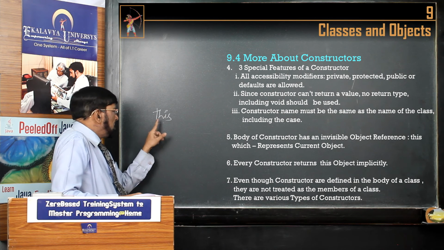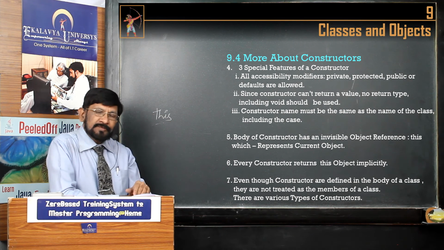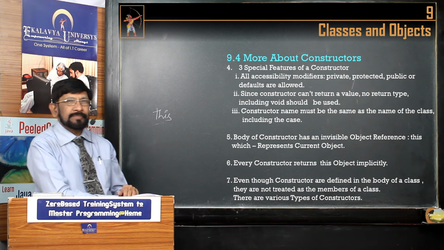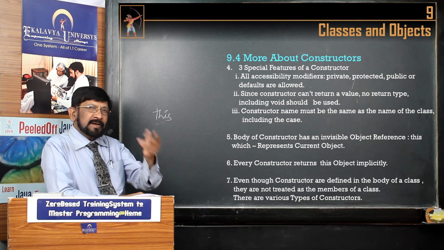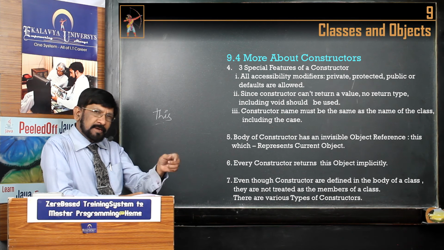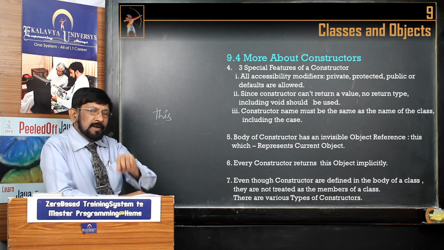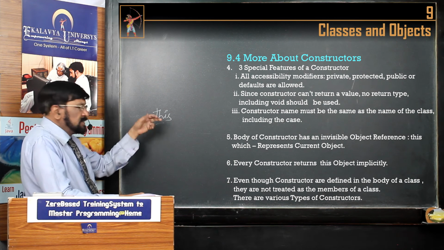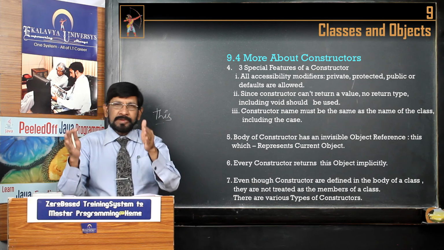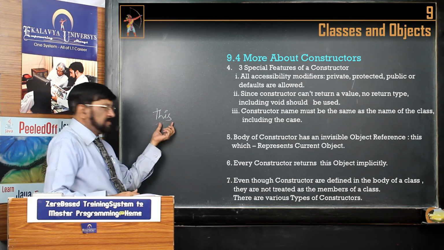Which object does it refer to? The current object. A constructor is called by an object, or called for an object, that is the current object. Its reference is present in the body of the constructor in the form of this.